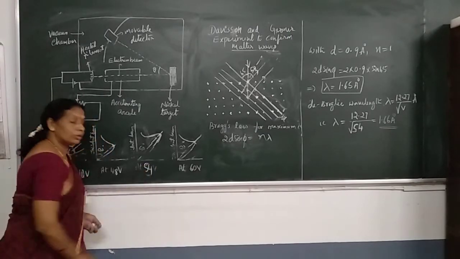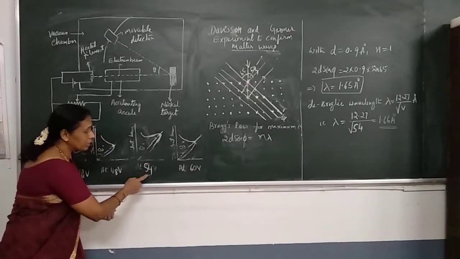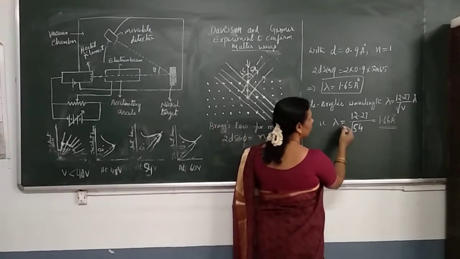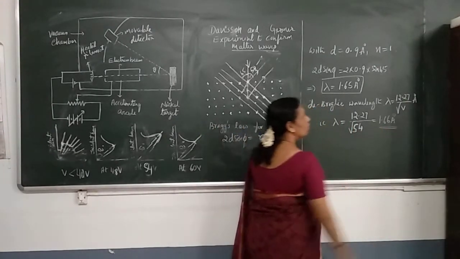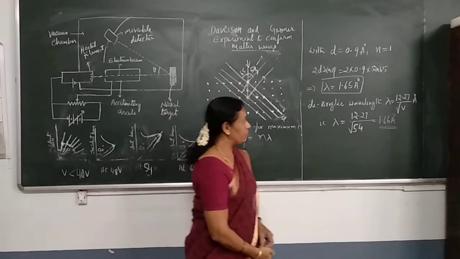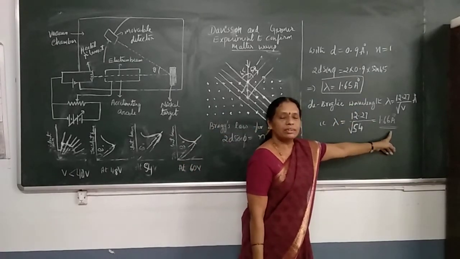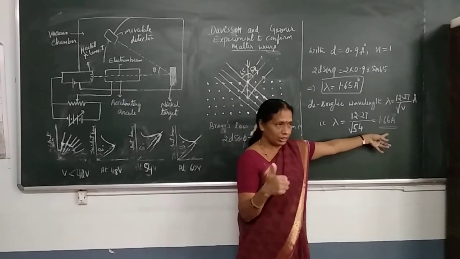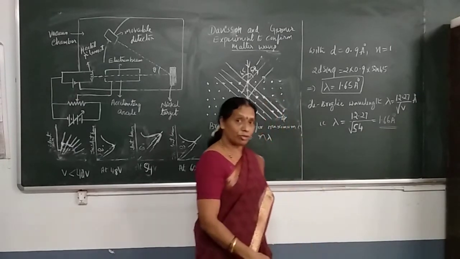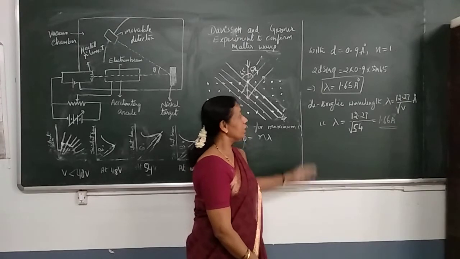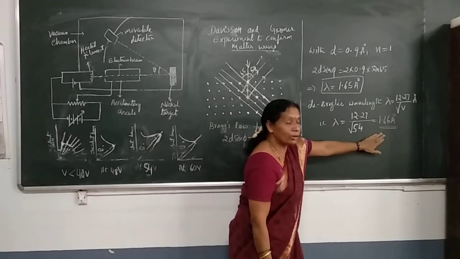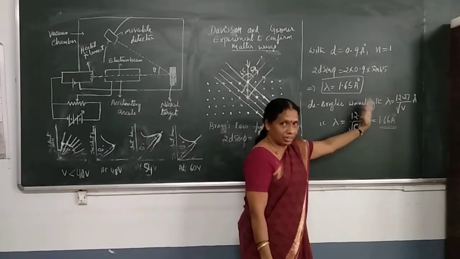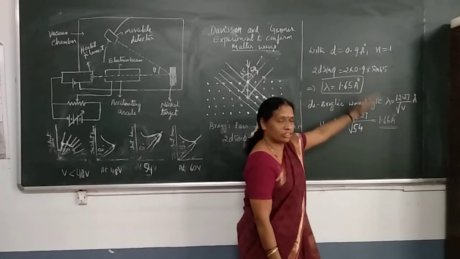When we substitute and calculate the value of lambda, it comes out to be 1.66 angstrom, thereby proving that the moving electrons are associated with waves, and those waves undergo diffraction here. The theoretical value and the experimental value are in good agreement with each other.